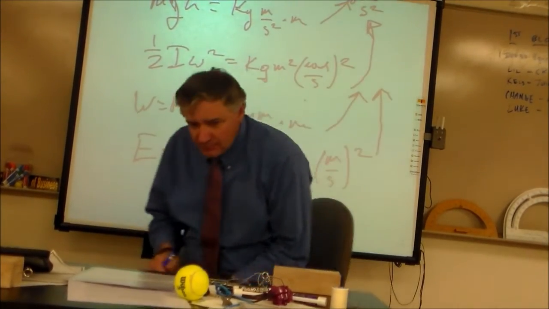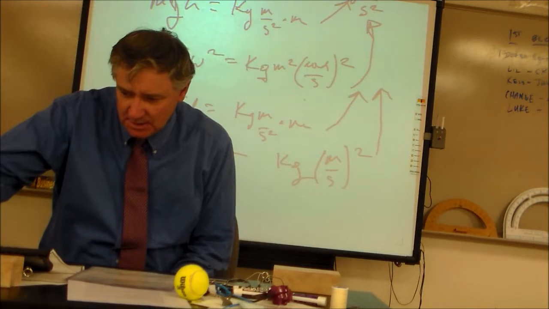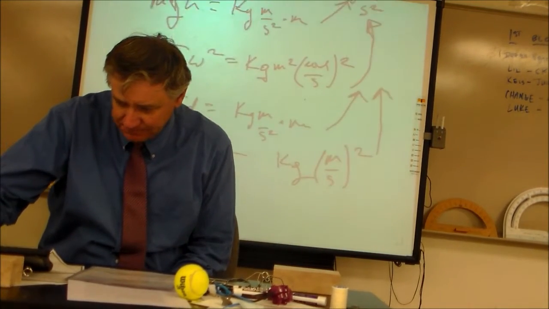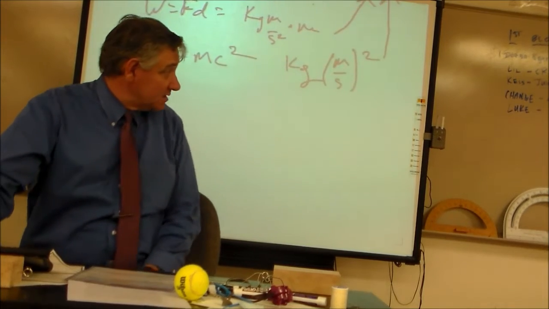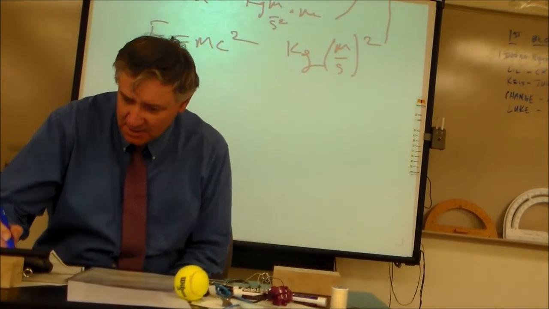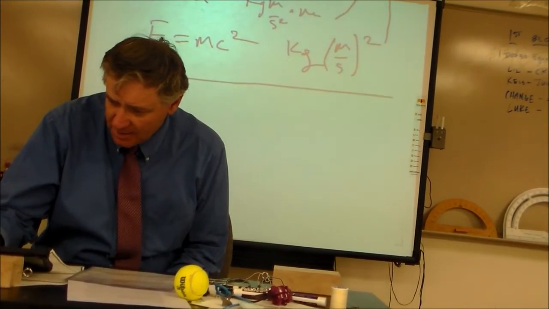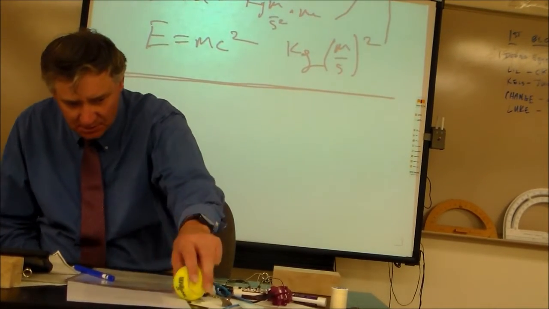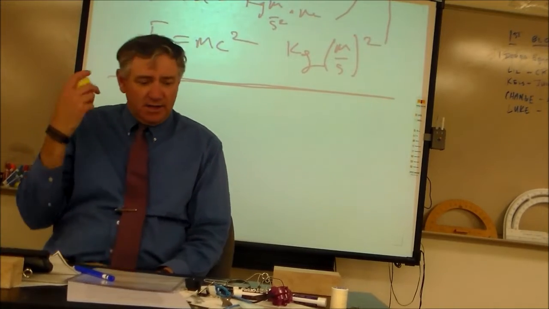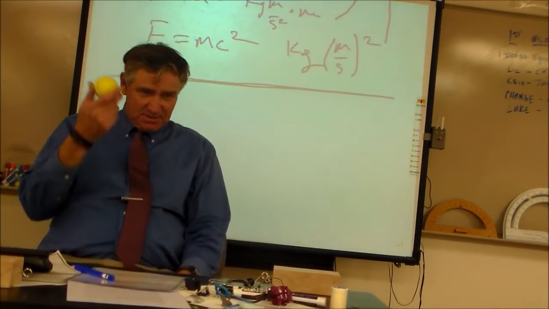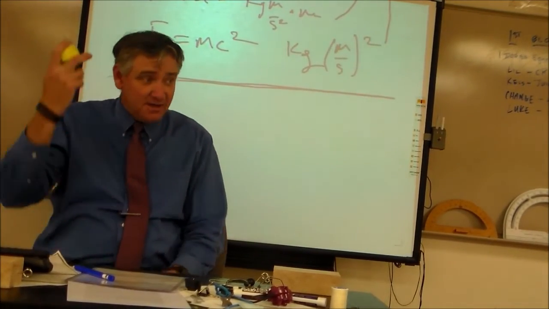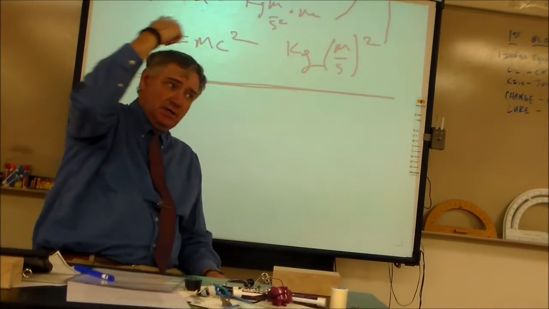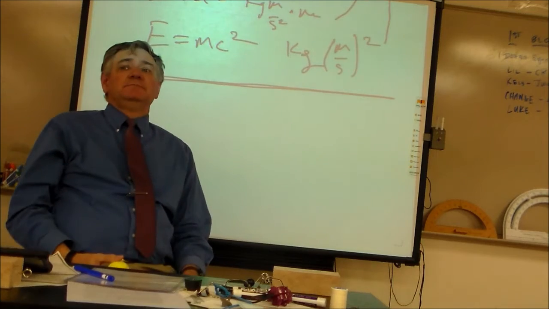Okay, so let's chit chat. All right, so we've got the energy thing. That's working. So if you look at how energy can take on different forms, all right? So got the ball. If I'm going to throw this to Kyle, okay? Am I going to do work in throwing the ball to Kyle?